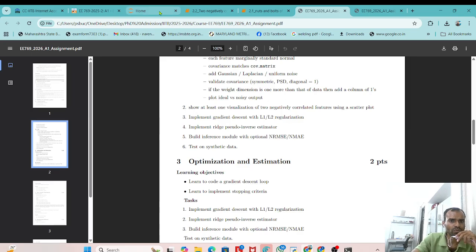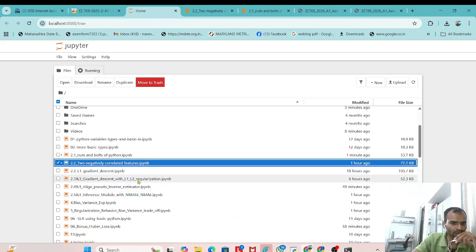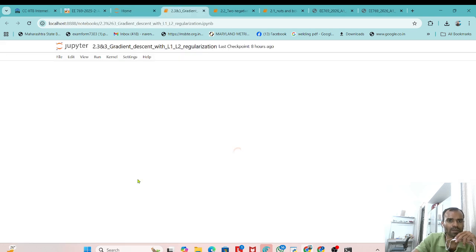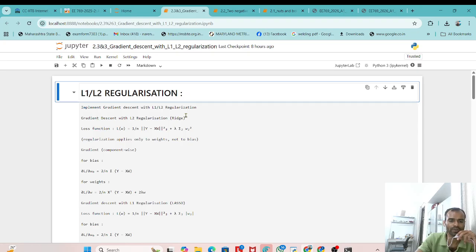So this will cover both L1 and L2 regularization, when we use L1 and when we use L2. L1 and L2 regularizations are used for penalizing the weights.